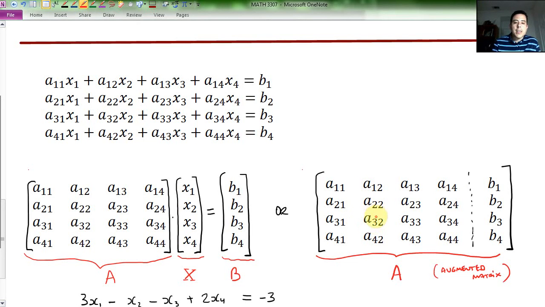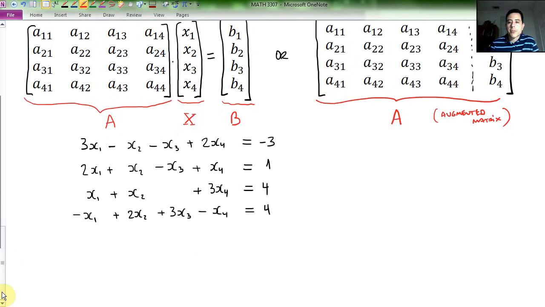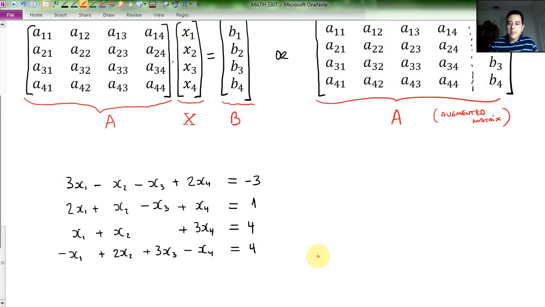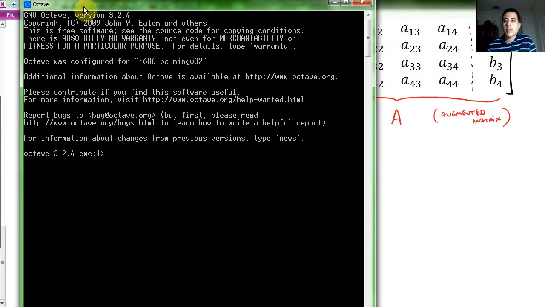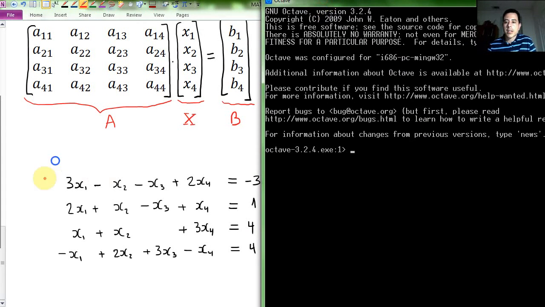Okay, so let's enter a matrix in Octave. Here's an example just to get it started. So here's a system of 4 equations and 4 variables. I don't know the solution of this system, but we'll find out. So how do we enter that in Octave? Let me pull up Octave here and then type that matrix.